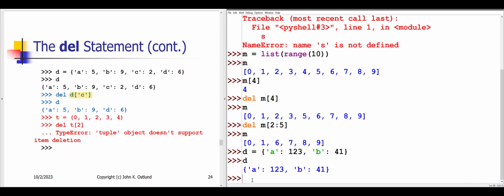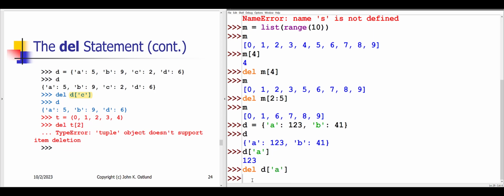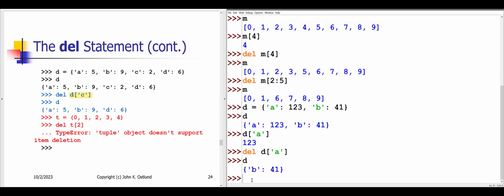All right, there's D. Here's D sub A. And if I say delete D sub A, then that key and its associated value are removed or eliminated or deleted from D.